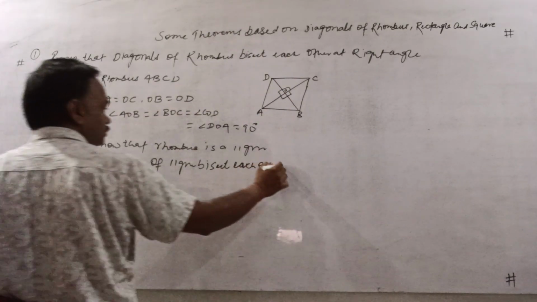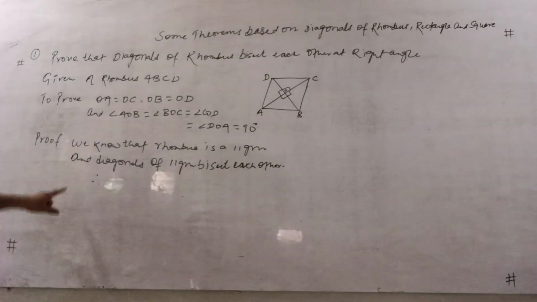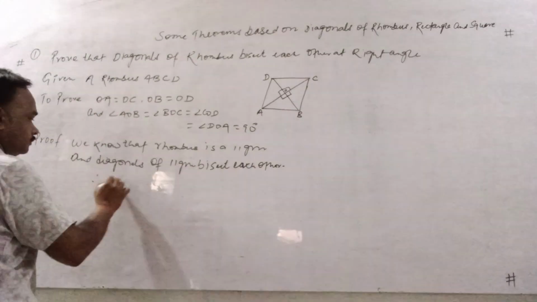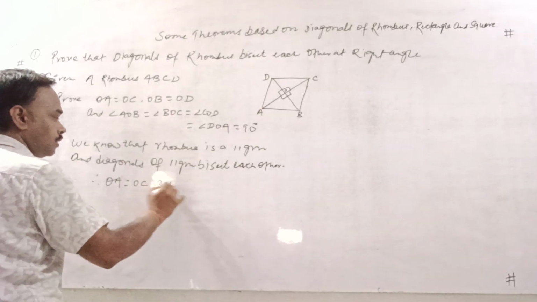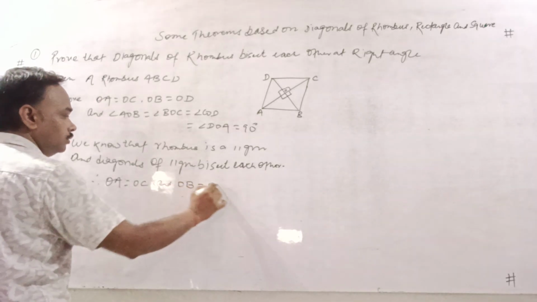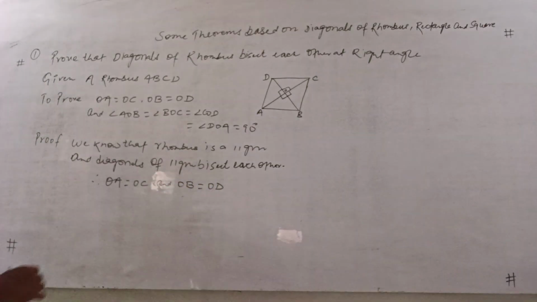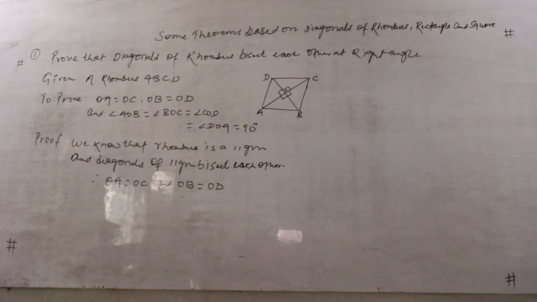Therefore, OA is equal to OC and OB is equal to OD.